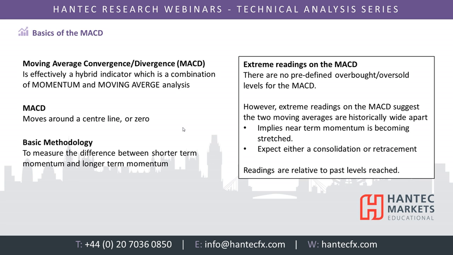It basically measures the difference when the moving averages cross over. It becomes zero and neutral, and hence why the MACD moves around a centre line. We looked at the RSI, which moves between 0 and 100. And that isn't the case on the MACD. There are no predefined overbought, oversold levels on the MACD.